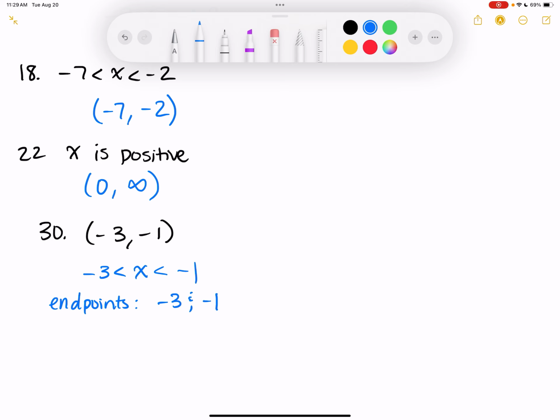Bounded. When is it unbounded? When it goes to infinity. It's somewhere in your notes. And what type is it? Is it open or closed, or half open or half closed? Open.